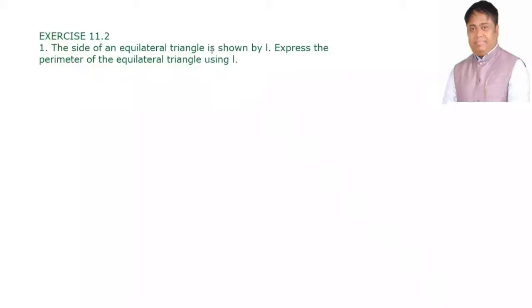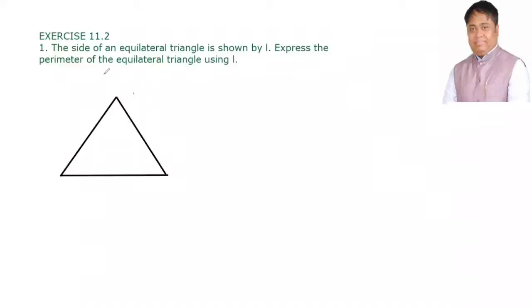Okay. So equilateral triangle will always have all the sides same, isn't it? All the sides will be of same length. So how do we write?